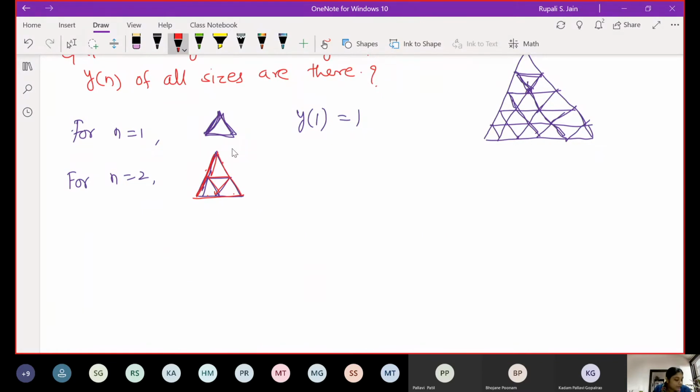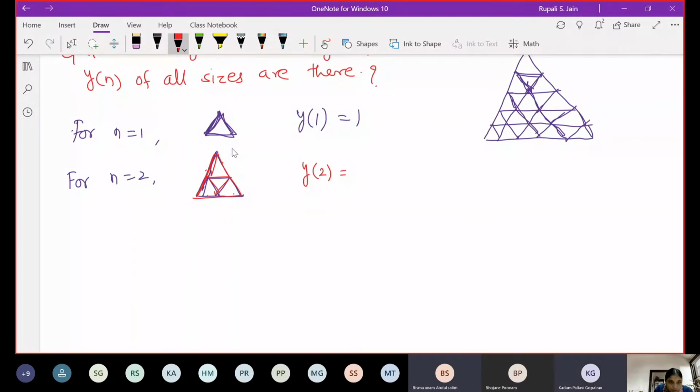So how many total equilateral triangles are we having? 4. 1, 2, 3, 4, 5. Five? No, ma'am. Madam, upward pointing, right? Upward pointing.